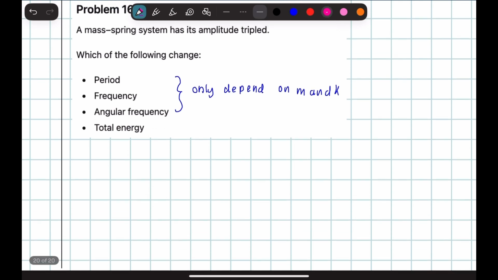However, energy is equal to 1/2 k A squared. So if you triple the amplitude, then you have E is equal to 1/2 k times 3 squared. That means it will increase by a factor of 9.